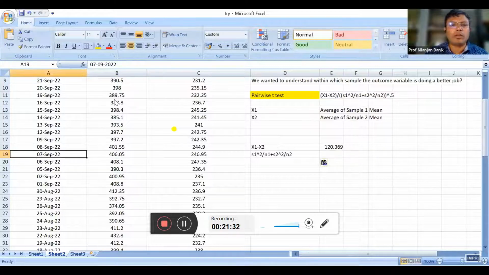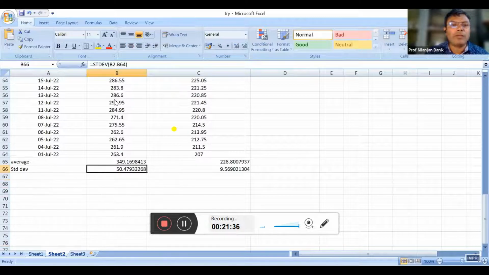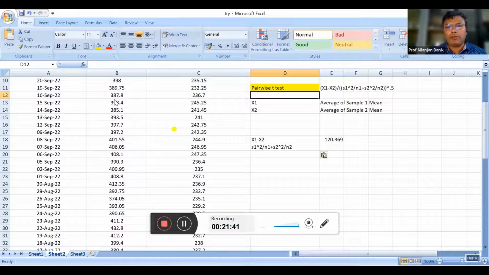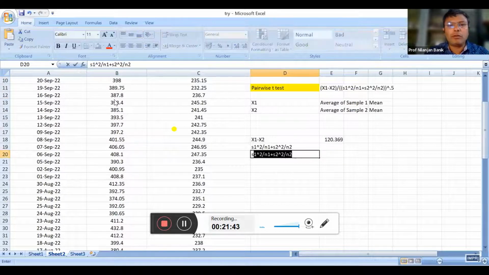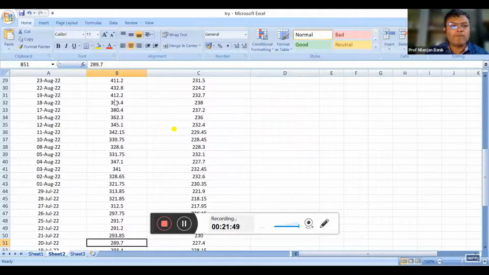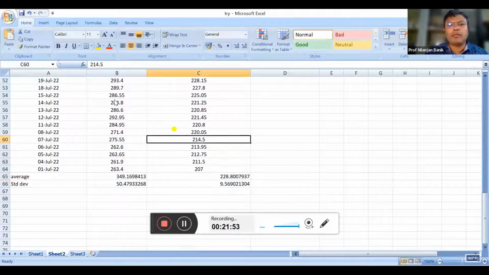Basically we are talking about the variance. So in this case, s1 is how much? S1 is 50.47. Let me write it down so that there is no confusion. S1 is 50.47 and S2 is 9.56.